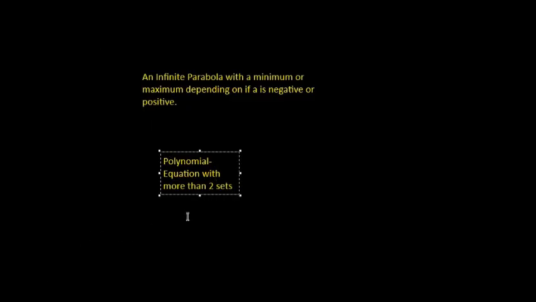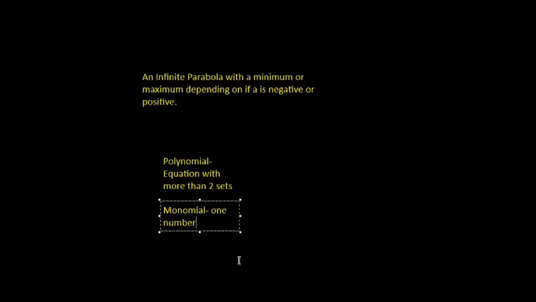But really the solution is just one, which is also known as a monomial, one number. And a binomial is 2. So polynomial is more than 2, monomial is 1, and binomial is 2. So these are like the main things that you need to know before we go into this lesson.